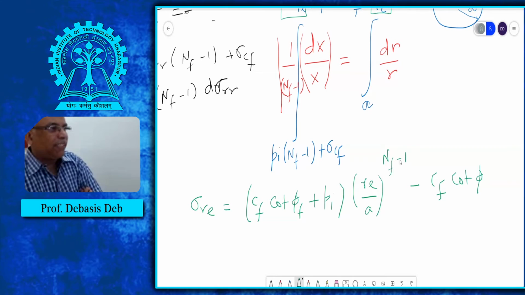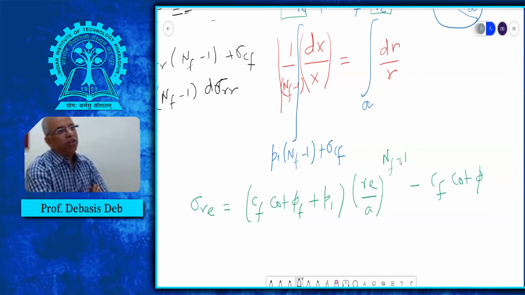You have to just break the sigma CF into CF and phi F.